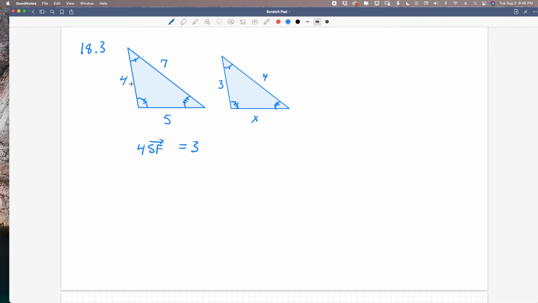So this is the 4 from this side and 3 from the corresponding side, okay? So 4 times the scale factor gives you 3, right? So treat this like a variable, and we divide both sides by 4, right? So the scale factor is going to equal 3 over 4. That's our scale factor.